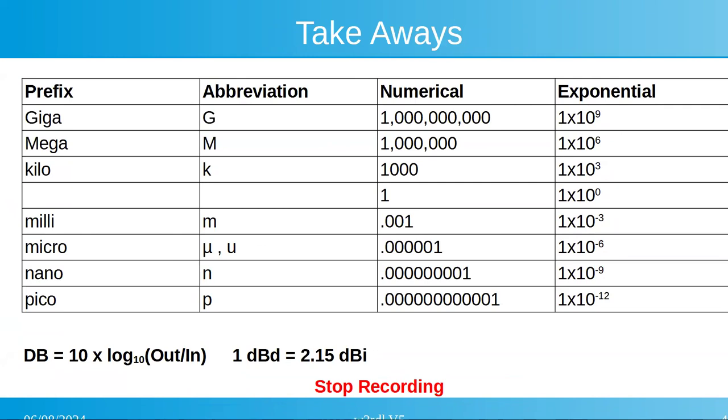So when you start doing ratios of 10, 10 is 10 dB. 100 is 20 dB. 1,000 is 30 dB. 10,000 is 40 dB. 1,000,000 is 60 dB. It's a shorthand way to represent those ratios.